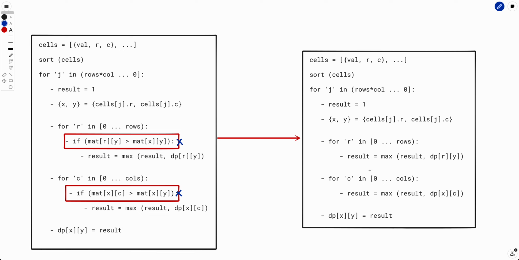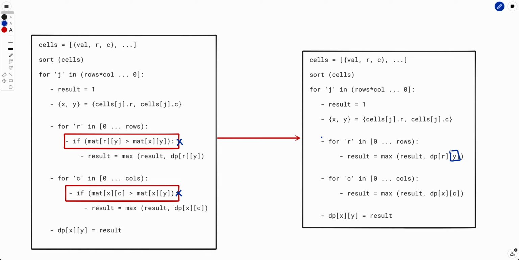Again, I would encourage you to pause and think by yourself first. So the next optimization, look at this. What is this? This particular loop is just calculating the maximum value across a particular row, right? Or sorry, maximum value across a particular column.